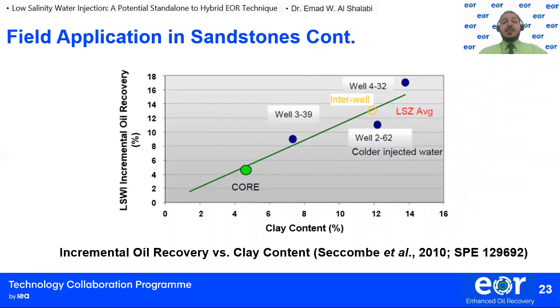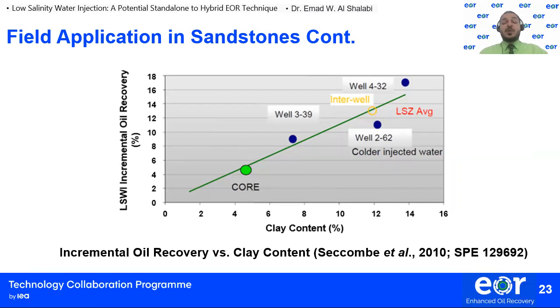Then they started looking into what could be controlling the incremental oil, and whether there is a relation between these different tests, the ones they have done on cores in the lab, the 3 single well chemical tracer tests, as well as the interwell test. So they correlated the incremental amount of oil with the clay content in each one of those experiments, whether lab or field scale.